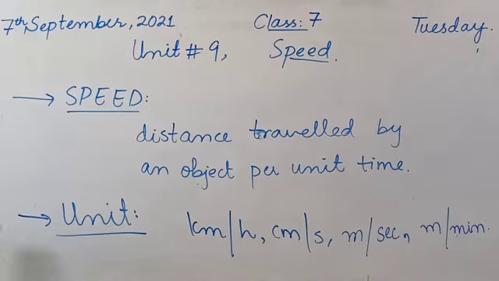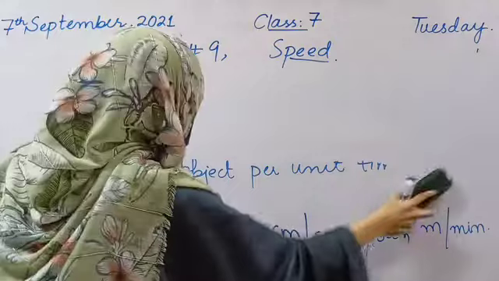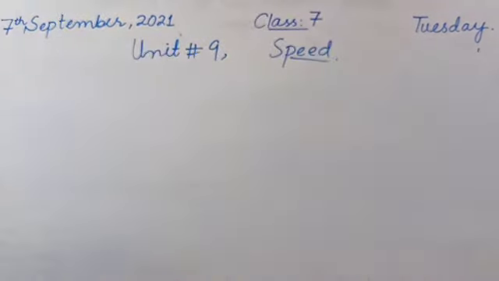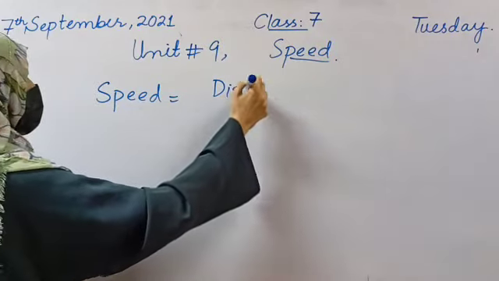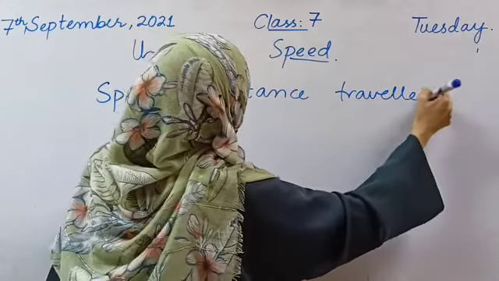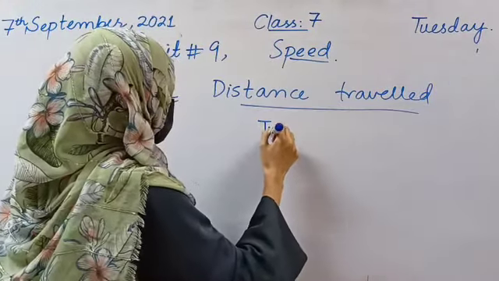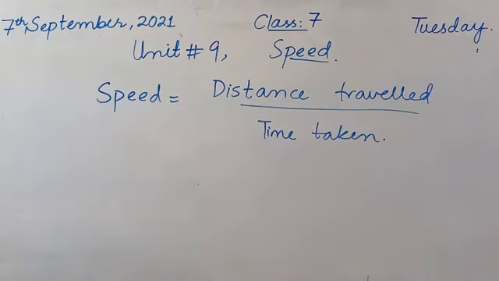Next is, what is the formula to find out the speed? Is there any formula to find out the speed? Yes. I am writing here the formula to find out the speed. Speed is equal to distance travelled over time taken. What was the definition?